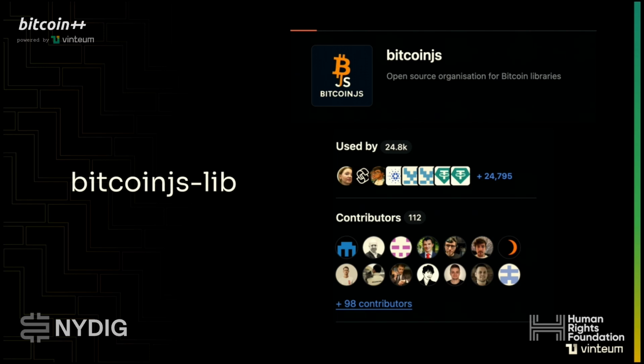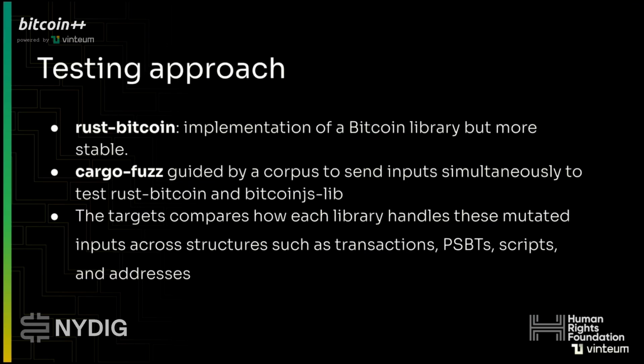Some weeks ago, I found this library, BitcoinJS lib, and as you can see, it is a widely used library, but it does not have any fuzz tests related to it. So I chose a more stable version of the same implementation library.